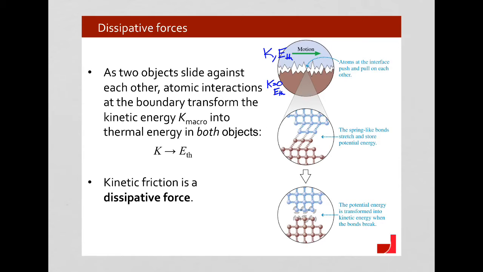They won't want to slide past each other. And as they do slide past each other, these bonds break, which causes more vibrations within the molecules both of the object and of the surface. These vibrations are an increase in the thermal kinetic energy, the nanoscopic kinetic energy of the system.